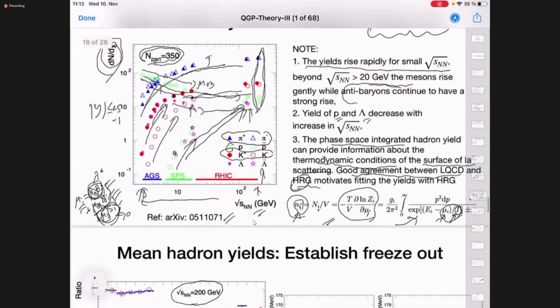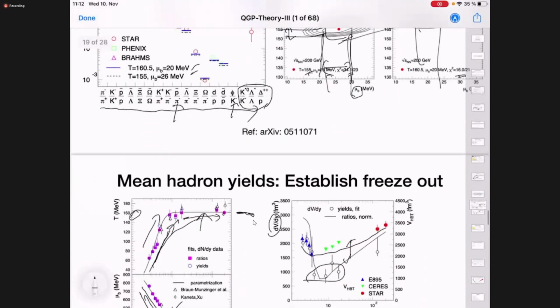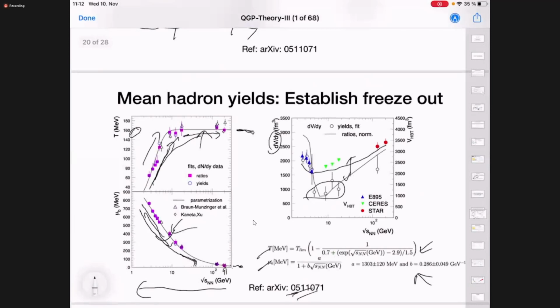Those which are not protons, not baryons, so mesons and antibaryons, are all rising very fast here. Mesons are rising because the temperature is rising. Antibaryons are rising because the temperature is rising, as well as the baryon chemical potential is falling. So both of these factors favor the rise in the antibaryons.